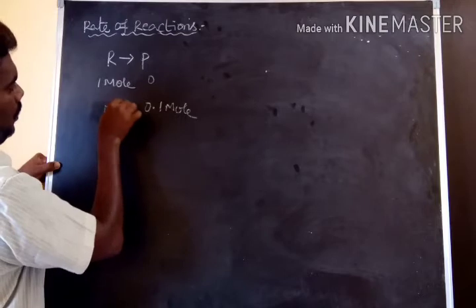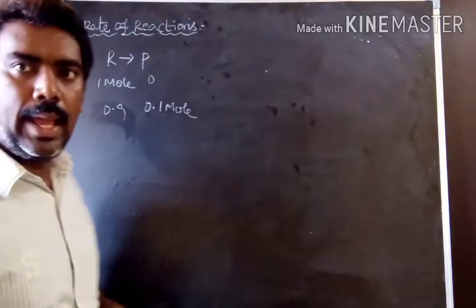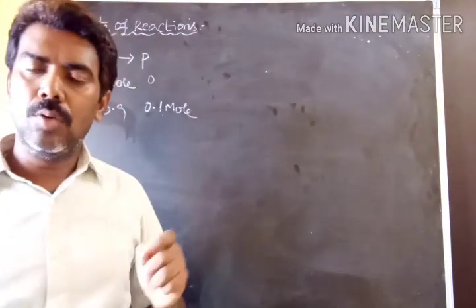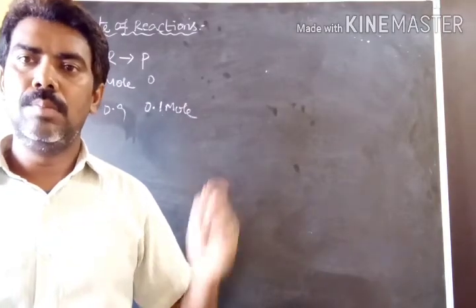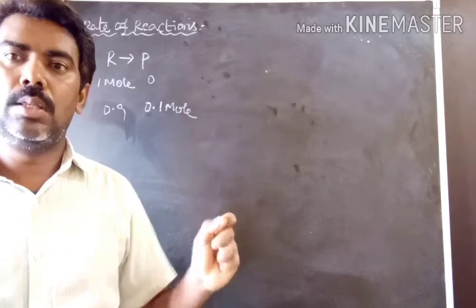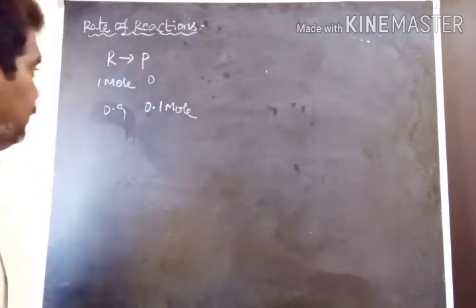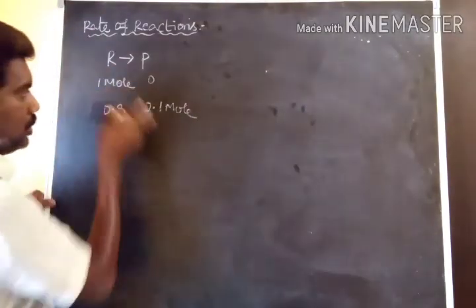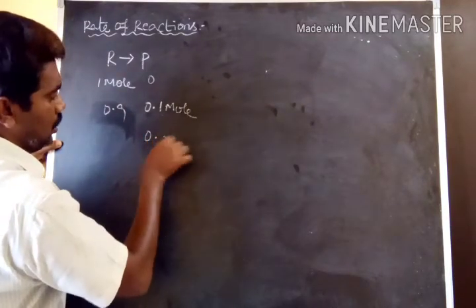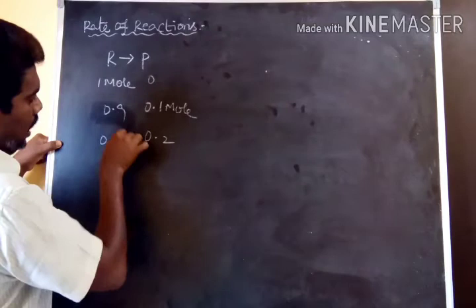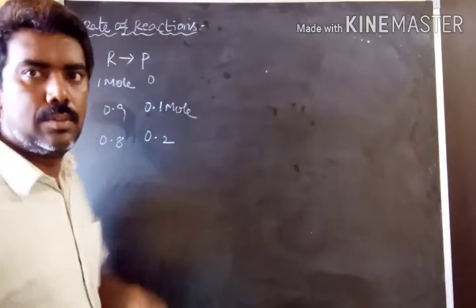Then how much reactant is present? 0.9, because 1 minus 0.1 is equal to 0.9. And when 0.1 mole more is converted, the moles of product are 0.2 and the moles of reactant are 0.8.